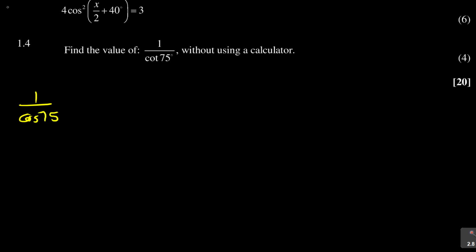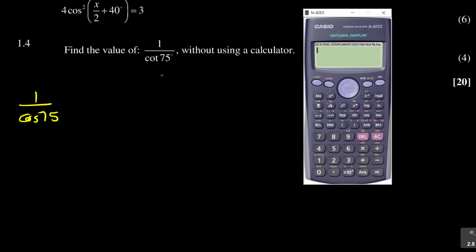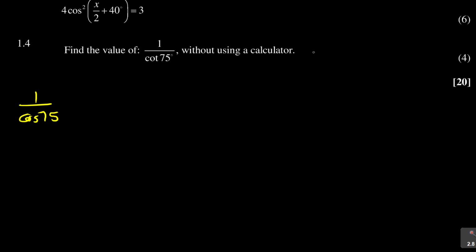Obviously I could grab a calculator: cot is 1 over tan, so it's 1 over tan 75, which is 2 plus root 3. So here my answer is 2 plus the square root of 3. I have to work towards that.